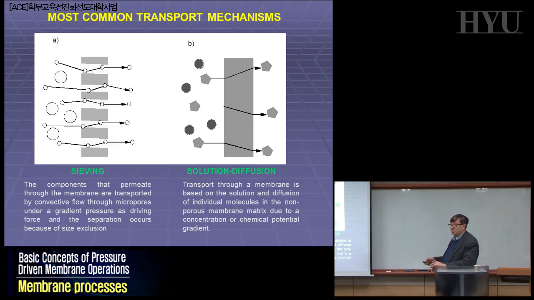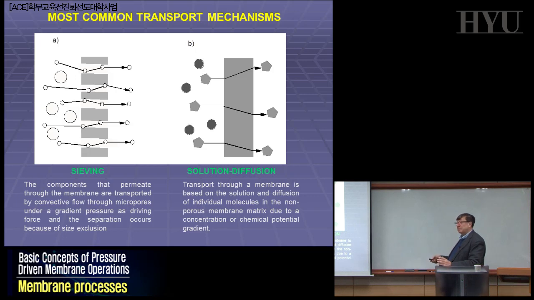This can be 0.2 microns, 1 micron, 0.01 microns, etc. So if in solution you have particles or species with a size lower than the diameter of the pore, they will go across. Water will penetrate. But if you have any solute, a protein or any macromolecules or some species of larger size than the water molecule, for example, they will not go across. They cannot penetrate in the pore, so they will be rejected. And this is just a sieving effect.